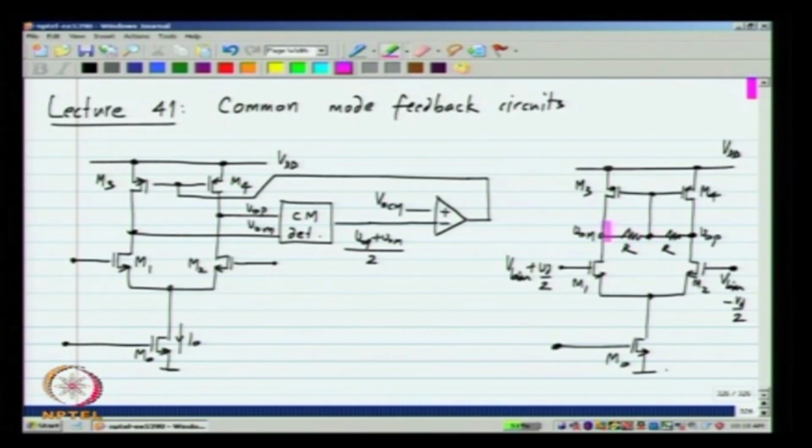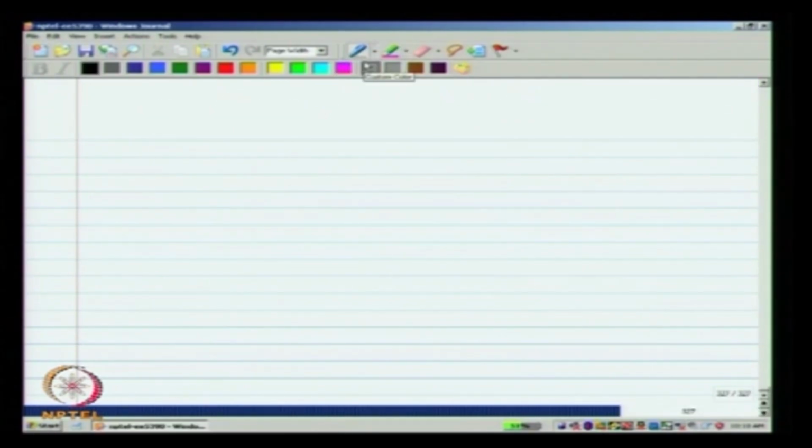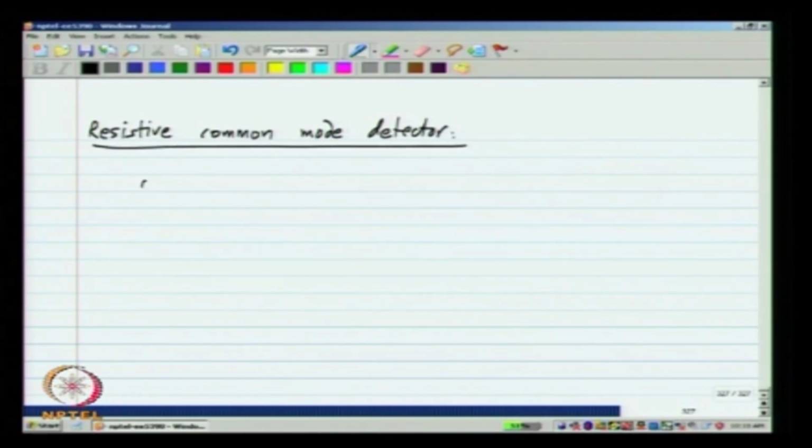Now, the only problem with something like this, a resistive common mode detector, is that it will always load the op amp, or whatever stage we are detecting the common mode of. Now, the advantage of a resistive common mode detector like this is that it is more or less ideal.